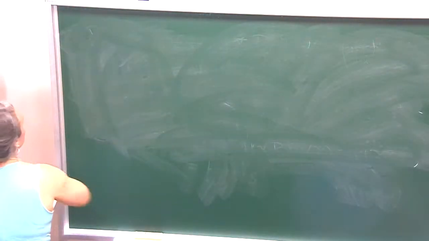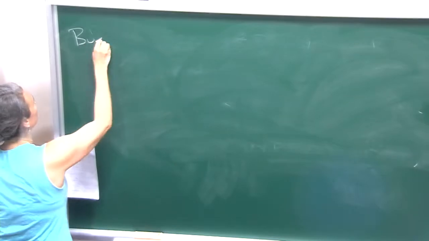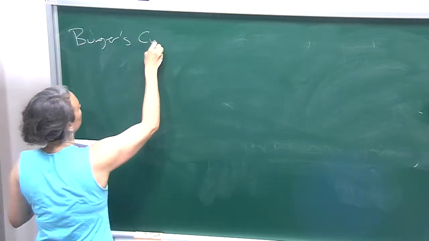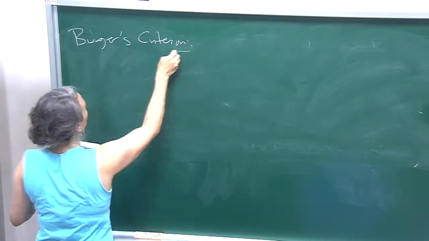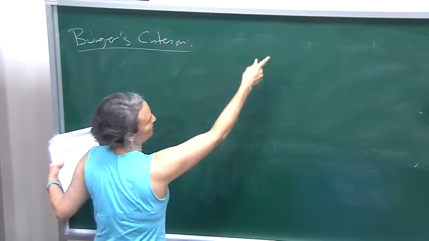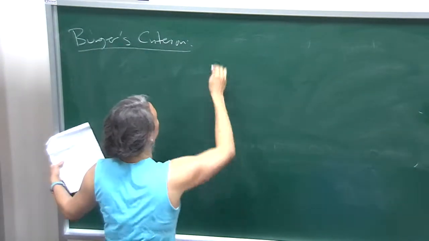Okay. So Berger's criterion was: gamma is acting on GL_n(R).